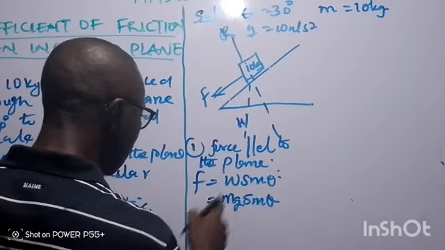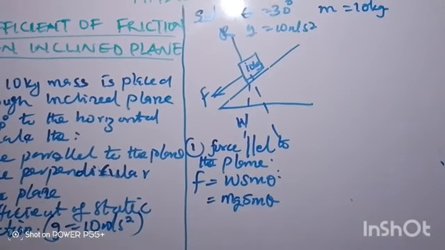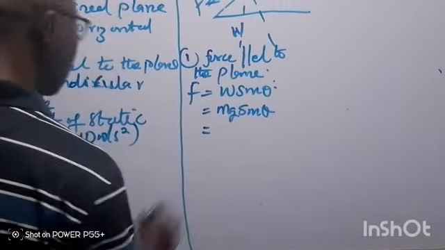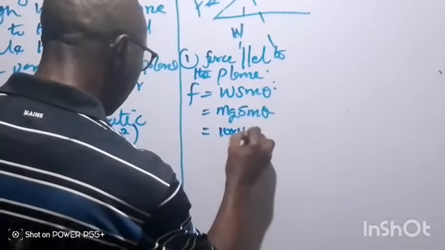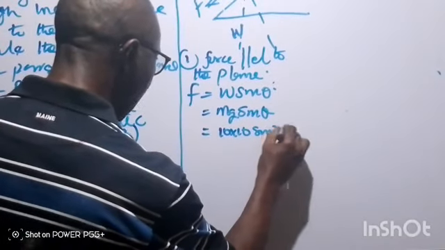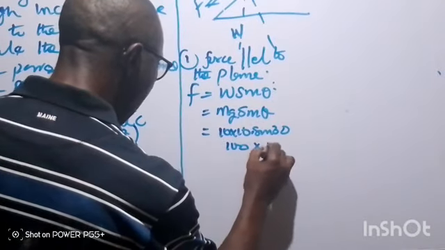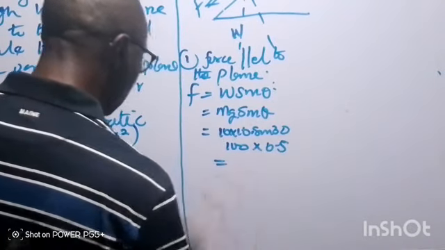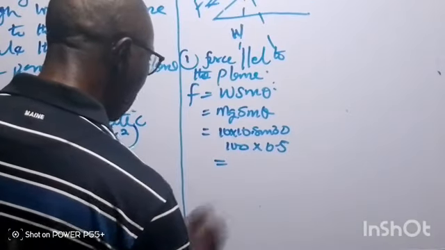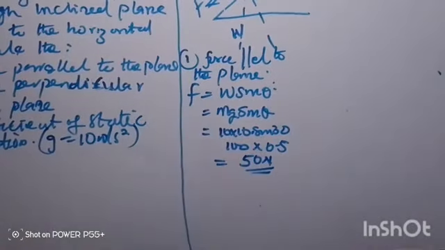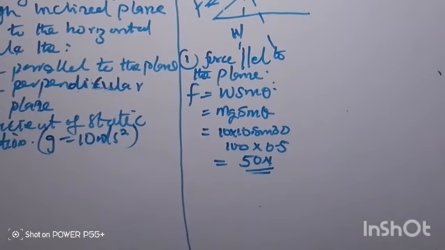W is equal to mg. So that will be the mass of the body is 10, 10 multiplied by 10 sine 30. And that will be 100 multiplied by 0.5. So 0.5 multiplied by 100 will now give us 50 Newton. That is the force parallel to the plane.